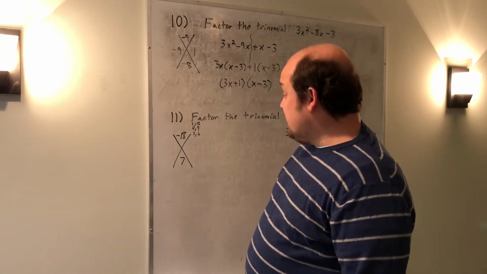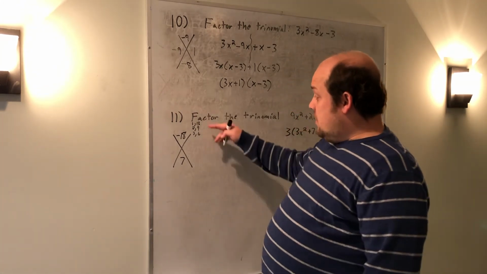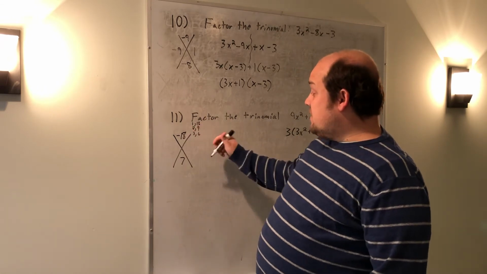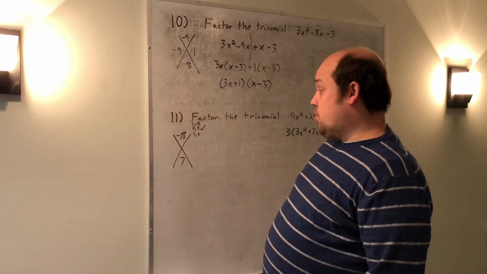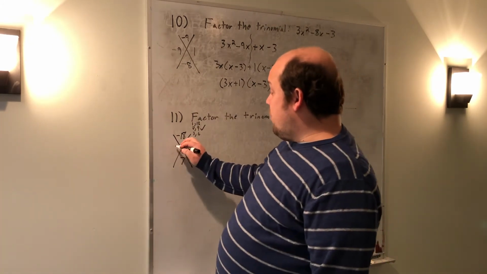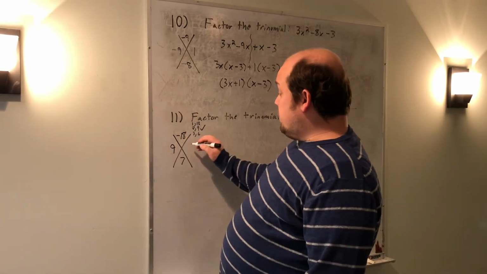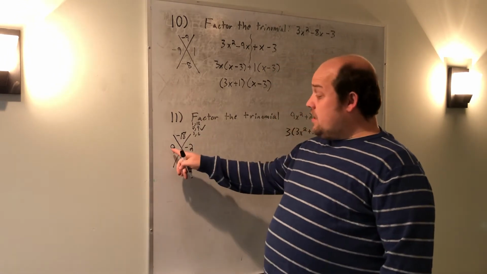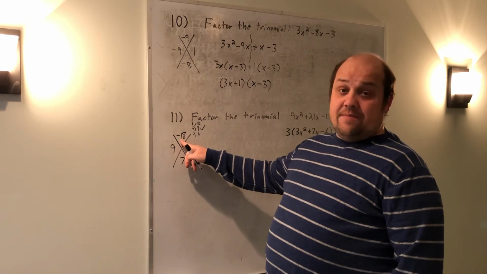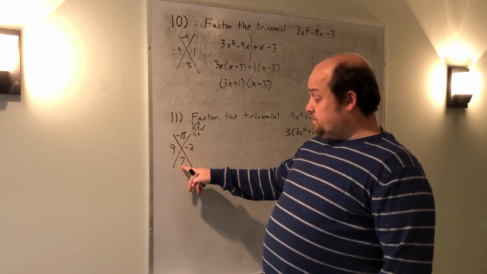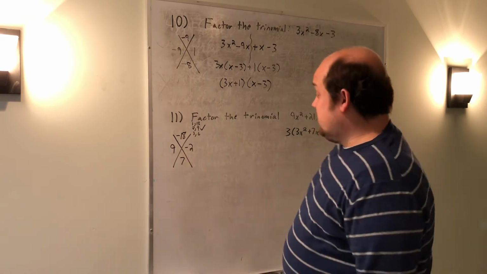I'm looking for the one that subtracts to 7. 18 minus 1 is 17, no good. 9 minus 2 is 7, that's what I'm looking for. Because I want my 7 to end up positive, I'm going to make the bigger number 9 positive, the smaller number 2 negative. If I now tried to multiply them, 9 times negative 2 would give me negative 18. If I tried to add them, 9 plus negative 2 would give me 7.